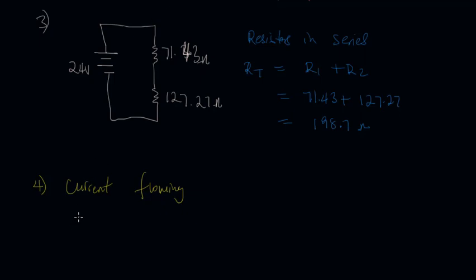So we can write Ohm's law then as I, which is the current flowing, is equal to V upon R.